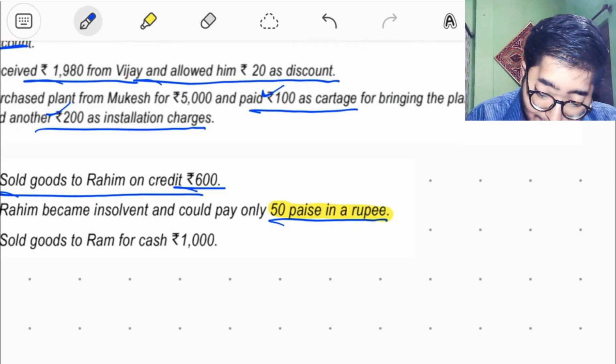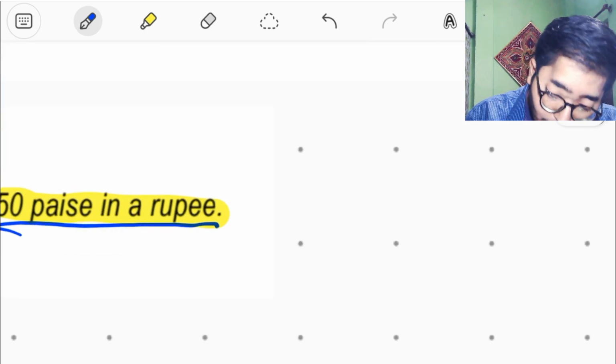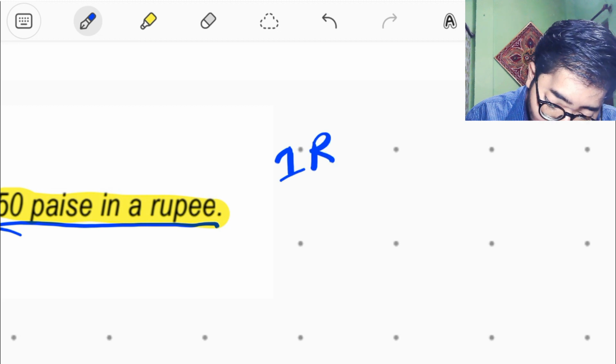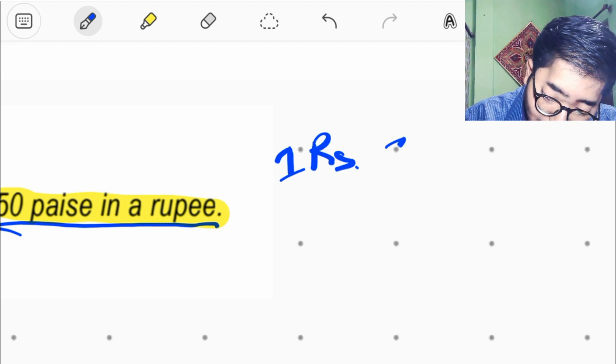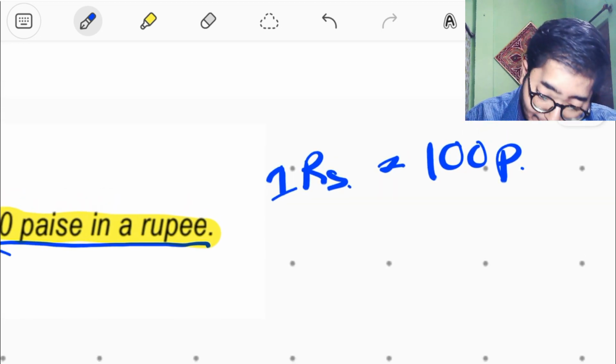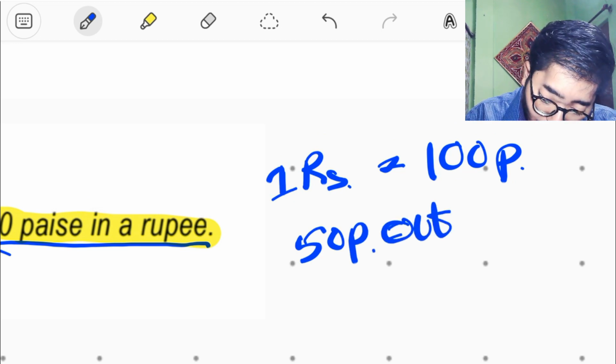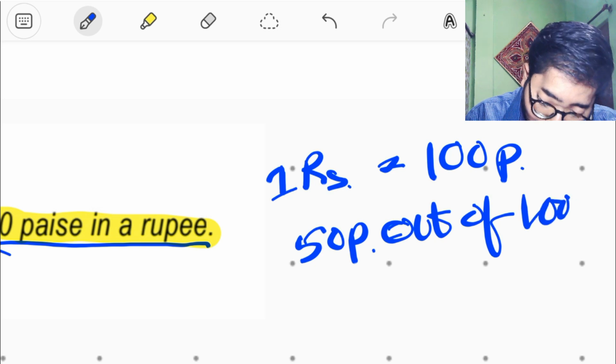So, what is this 50 paise in a rupee? We all know 1 rupee is equal to 100 paise. So, 50 paise out of 100 paise.